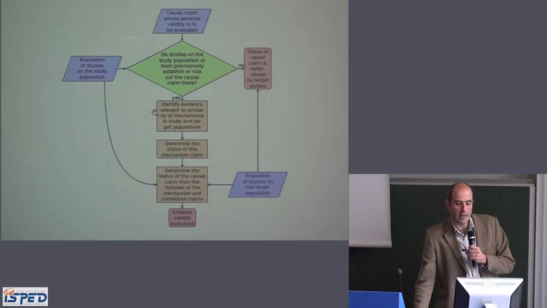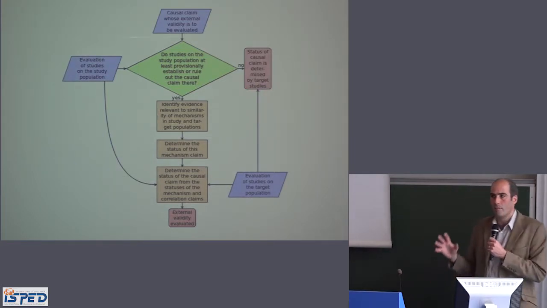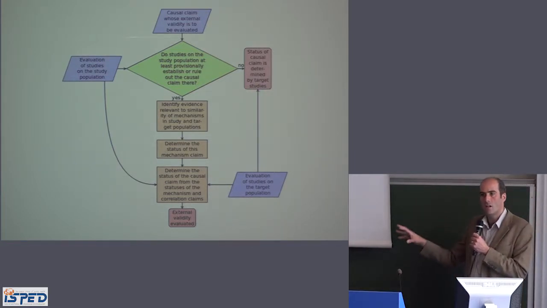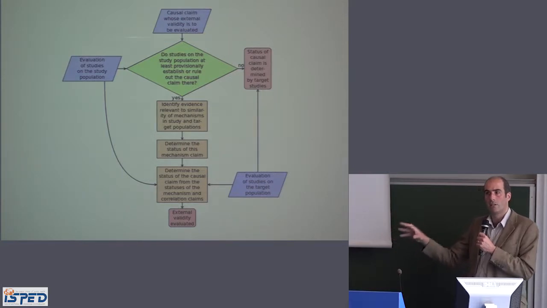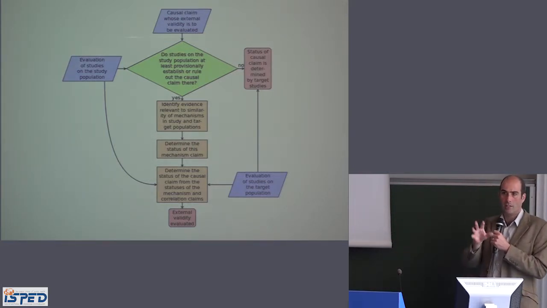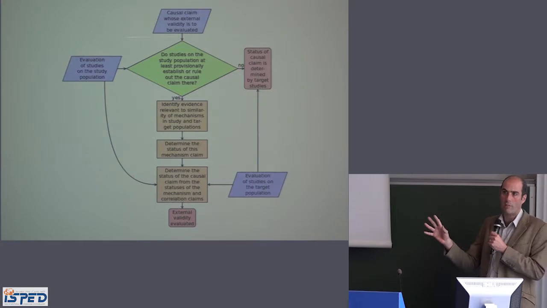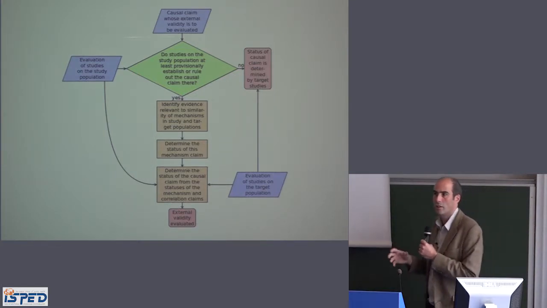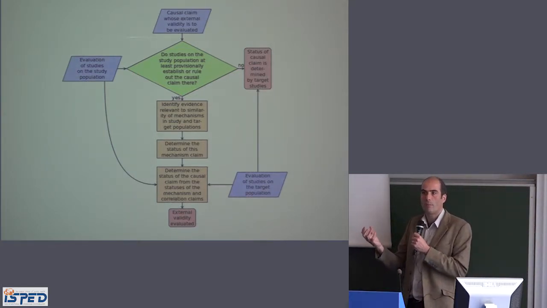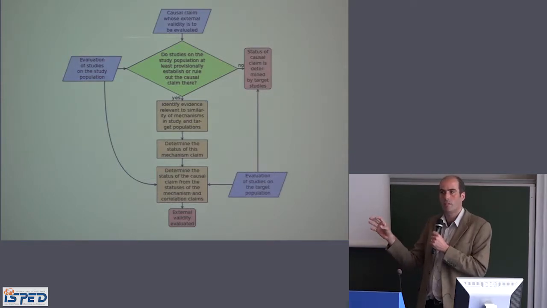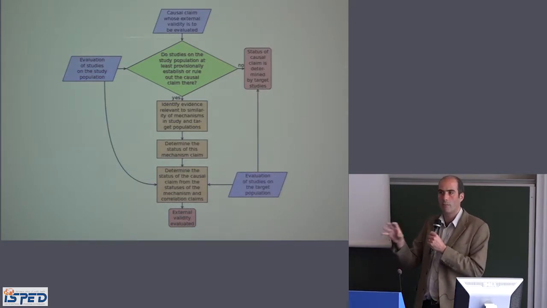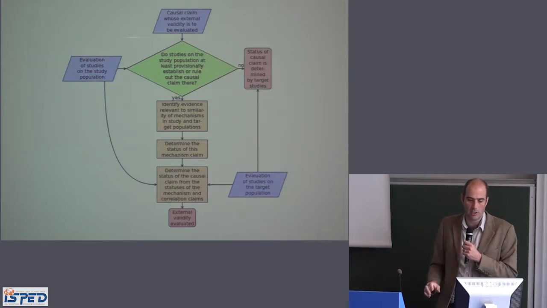If they're decisive on the study population, then they can feed into your evaluation of external validity. So here you're looking for evidence that the mechanisms of action in the target population are similar to those in the study population. This is called mechanism-based extrapolation in the philosophical literature. The way to safely extrapolate is to show that your mechanisms of action in the target population are similar enough to those in the study population.